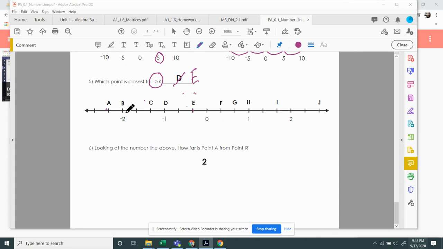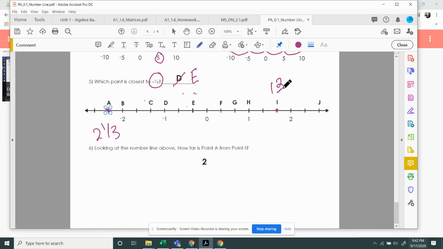Here's my point A. And this is 1, 1 and 1/3, 1 and 2/3, 2. So point A is at 2 and 1/3. And point I, 1, 1 and 1/3, 1 and 2/3.